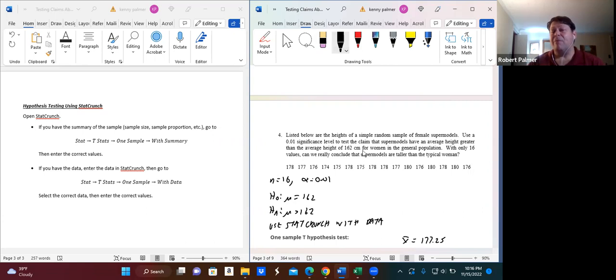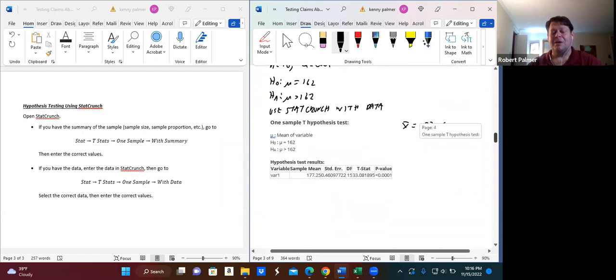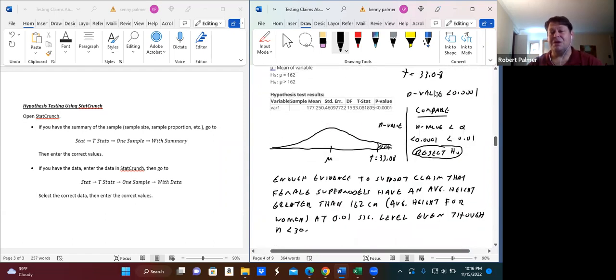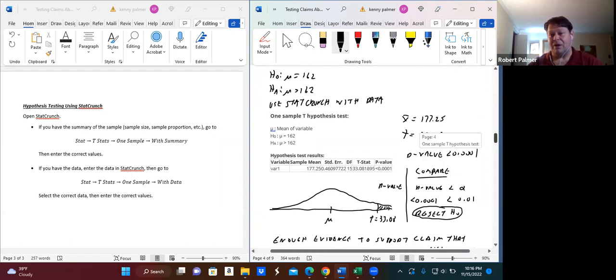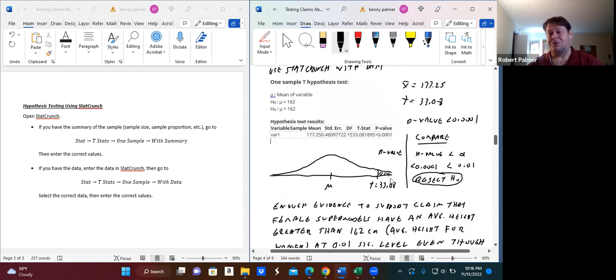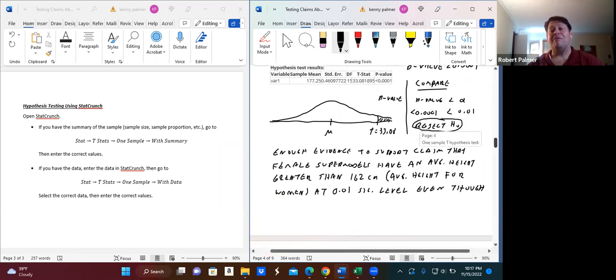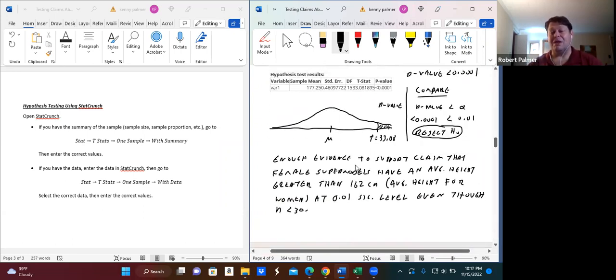Now, women's heights in general are normally distributed, but we're not sure that supermodel heights are necessarily normally distributed. So there is some concern by the fact that we only have 16. But since the t value was so incredibly large, 33, we're pretty confident that we can still make this claim, even though our sample size is not as large as we'd like, because it's such a large difference.